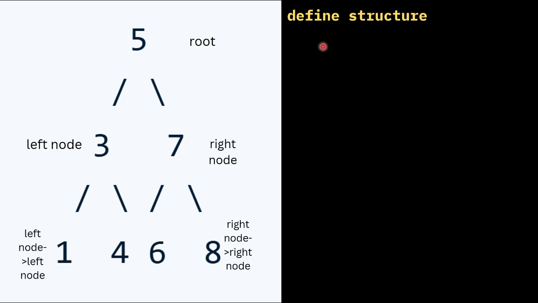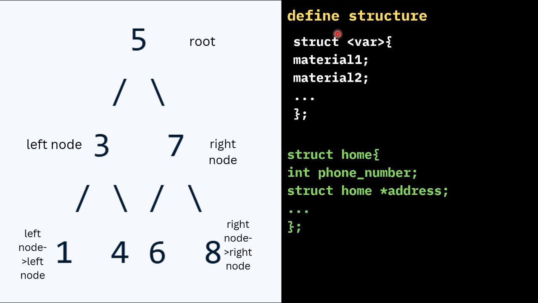So here we first learn to define the structure. In this we are defining a new data type. Here in this syntax, struct tells the computer that we are going to define a new data type. Just like other data types have variables such as int, float, long, like this we can provide, and we have to write all the members in curly braces, ending with a semicolon.